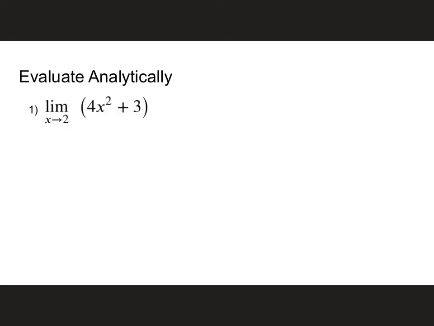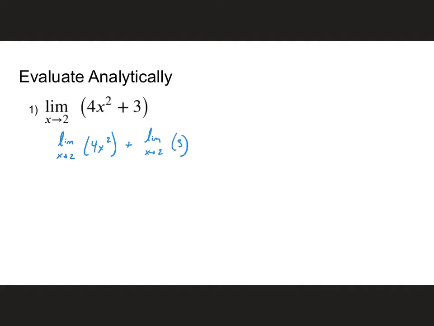So here we go. The limit as x approaches 2 of 4x squared plus 3. So according to my rules that I just saw on the last page, I can actually take this limit and I can break it apart using the idea that the sum will work. So I can take the limit of the first part, limit as x approaches 2 of 4x squared, and I can add that to the limit as x approaches 2 of 3.